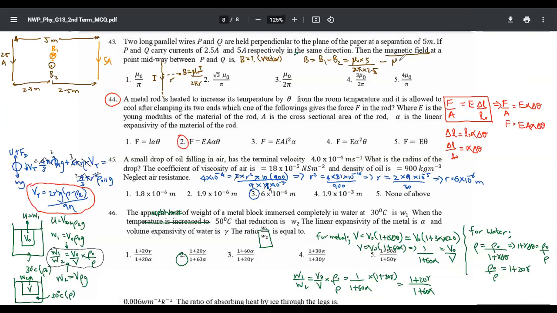Current is mu naught into 2.5 divided by, again, 2 pi into 2.5. The final answer is, the denominator is same. It is going to be 5 pi in both. 5 mu naught minus 2.5 mu naught. Answer is 2.5 mu naught divided by 5 pi. Therefore, mu naught by 2 pi is the final answer.